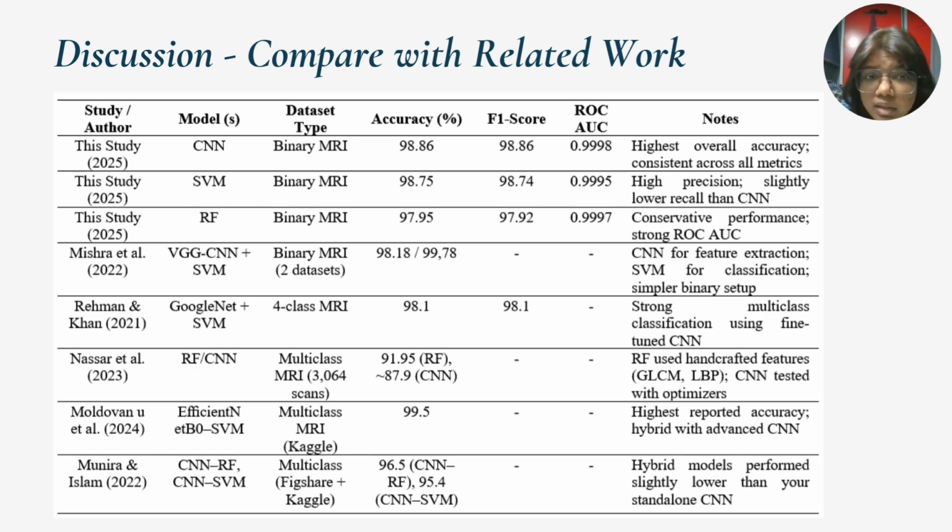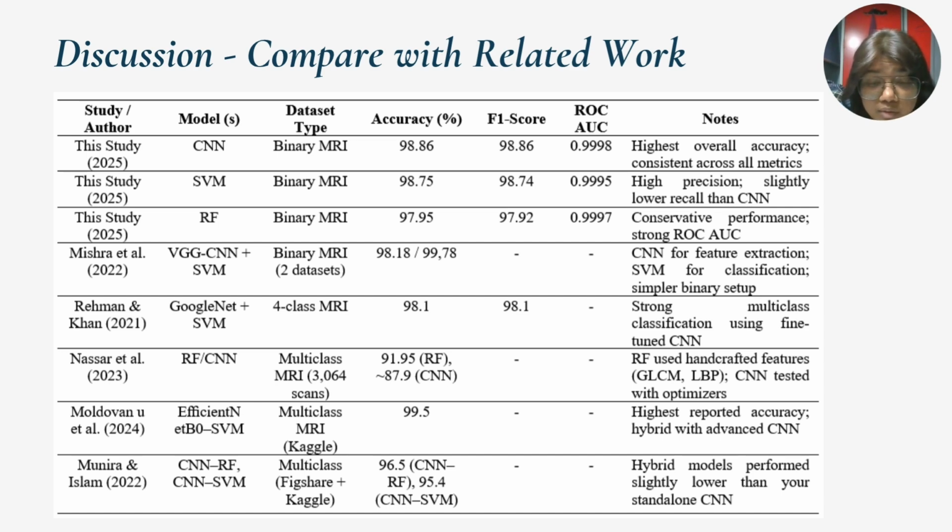Next by Raman, they used GoogleNet and SVM on a 4-class MRI dataset and achieved 98.1% accuracy, showing the strength of multi-class performance with deep learning. Following by Nasa, they used RF and CNN on a larger multi-class dataset, but RF only achieved 91.95% accuracy, showing that our RF model performs significantly better.